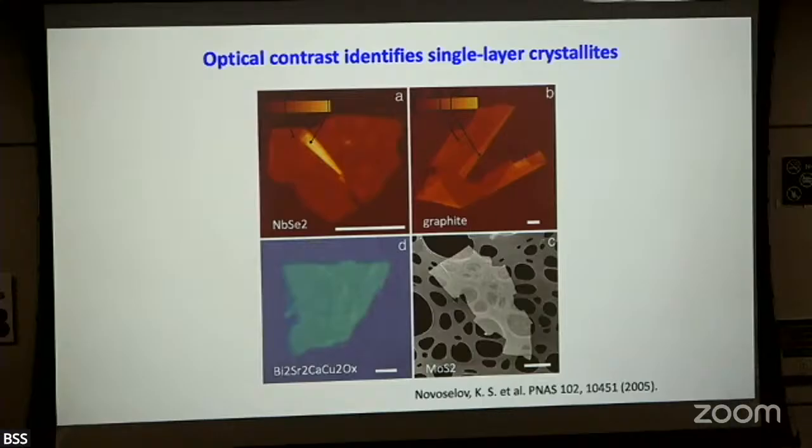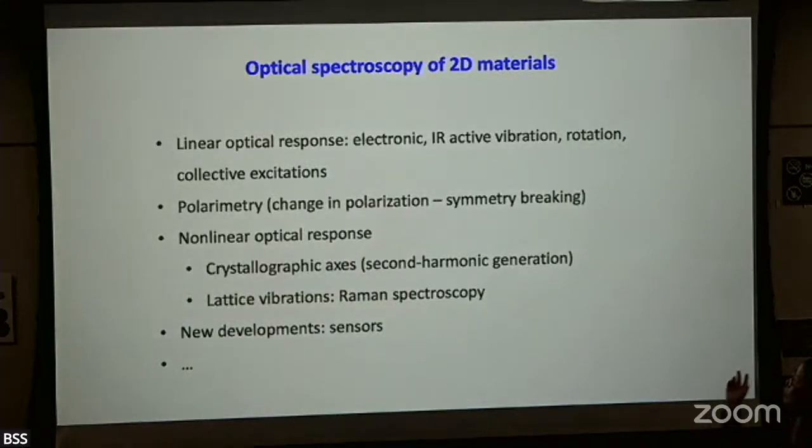Okay, so what can optics do? If you do linear optics, you can get optical response, and that will give you information about electronic properties. If you look at visible and UV, you can look at the infrared, you will see vibration modes, and then you can look at the rotation at a lower energy. And at even lower energy, somewhere you will see collective excitations.